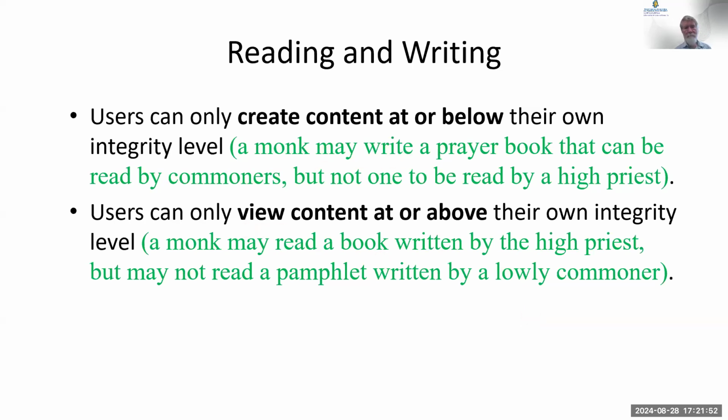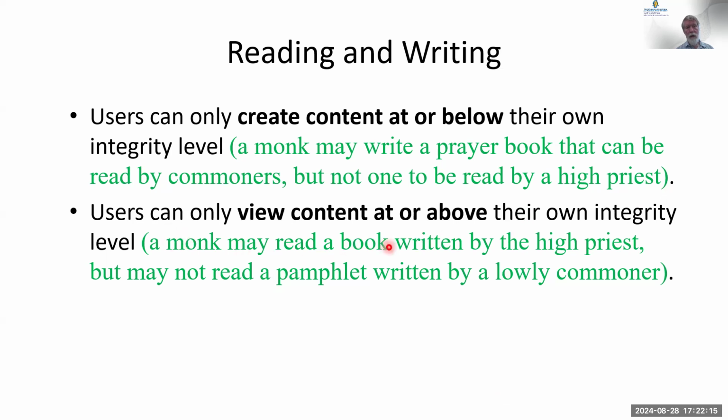So here's an interesting example. We imagine a monk at, say, 3 levels here. We have top level, medium level, and low. A monk may be at the middle level, and they can write a prayer book that can be read by commoners who are at a lower level, but they can't write one that can be read by the high priest at a higher level.